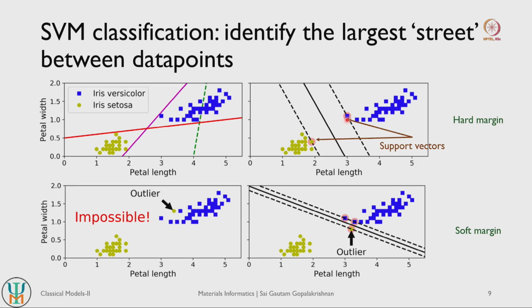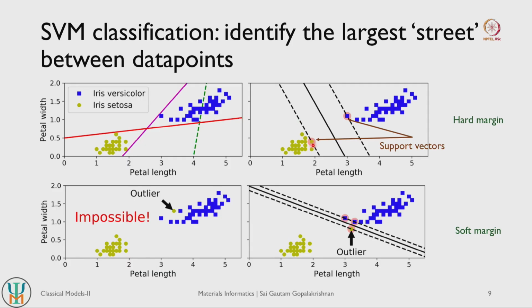So let us take this scenario, right. So where we identify this data point here and this data point here as our most outwardly lying data points among versicolor and Setosa clusters, right. So let us assign these two data points as our support vectors, right.